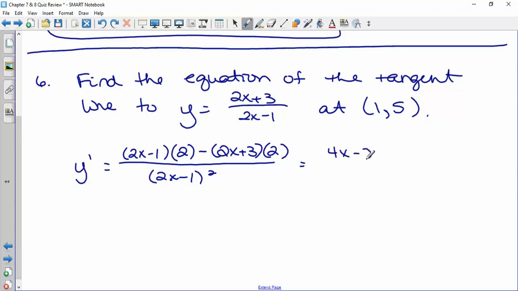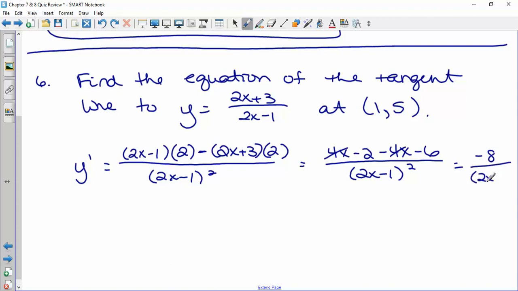So if we distribute, we get 4x minus 2. I'm going to distribute my negative and my 2 on this one. So minus 4x minus 6. So the 4x's cancel. Negative 2 minus 6 is negative 8 over the 2x minus 1 squared. So to find the slope, what do we have to do?